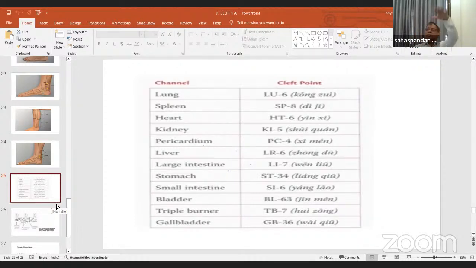If a gate is there, and when we pick up the gate, the water should flow under that gate. So this Xi-Cleft point is like the channel gate. It's regulating the nature and rate of the channel flow.